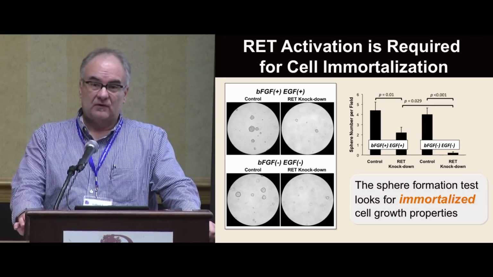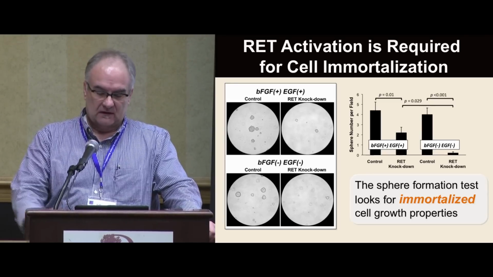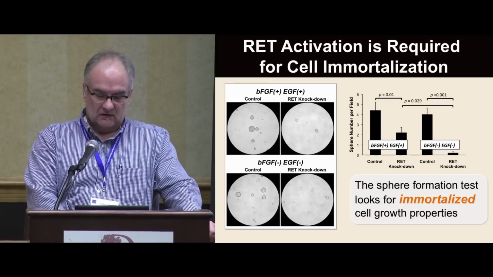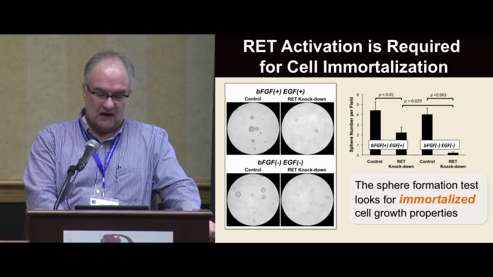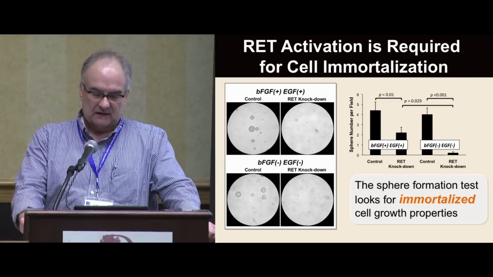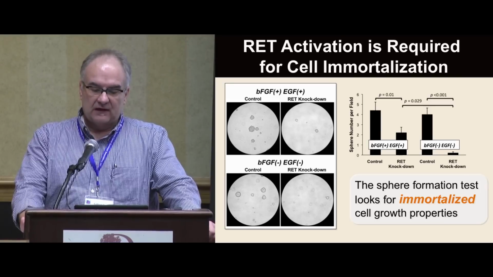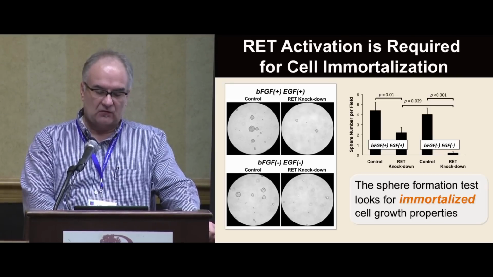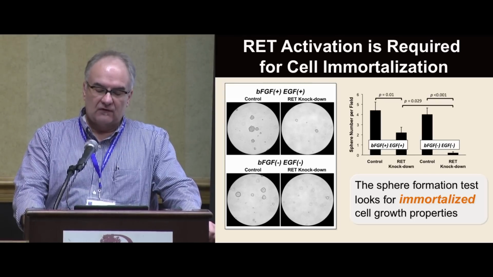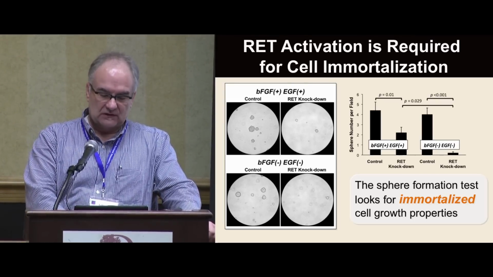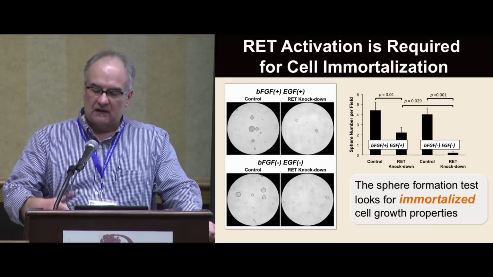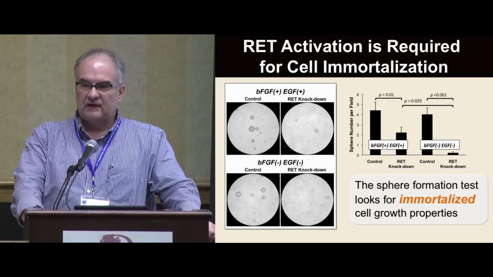We know these cells are immortal because they're cancer cells. If we remove RET, guess what? Fewer blobs. That means that RET is playing a role in the immortality. Now, another thing that plays a role in immortality is these growth factors, FGF and EGF. And so if you do the triple whammy, which is what's shown here, you actually can prevent and take away the ability of these cells to be immortal.